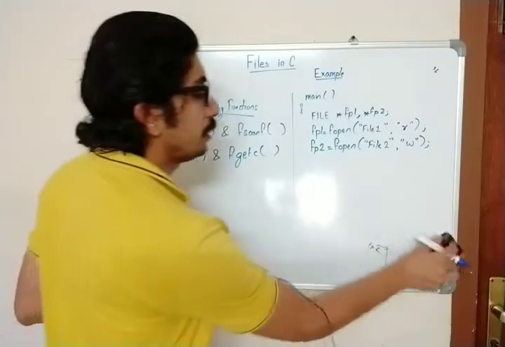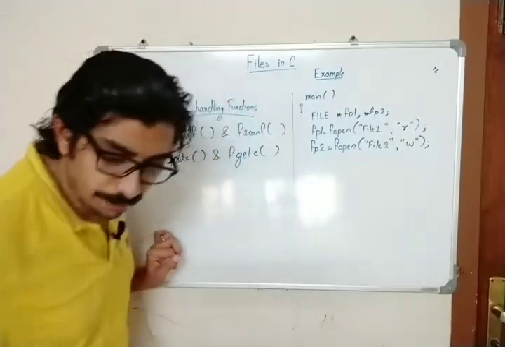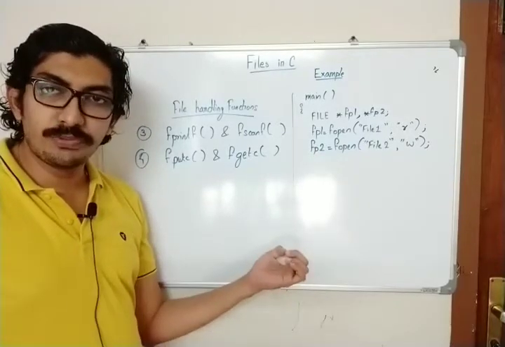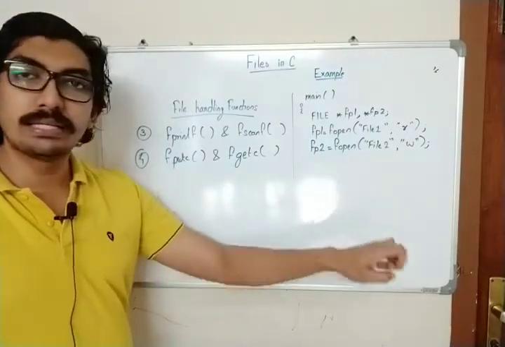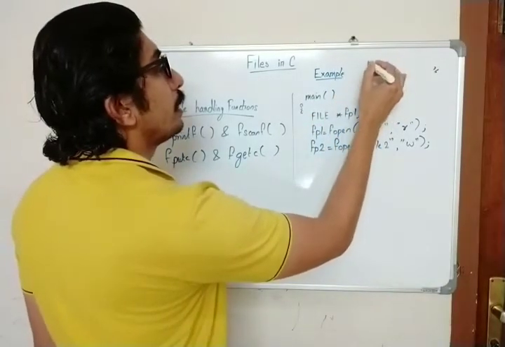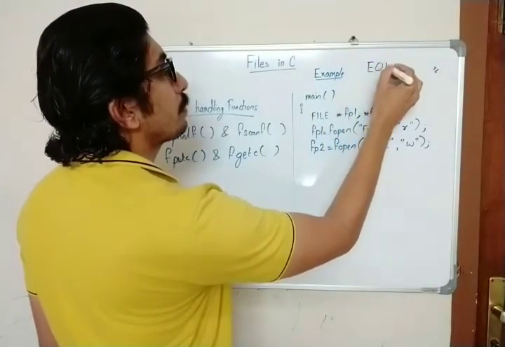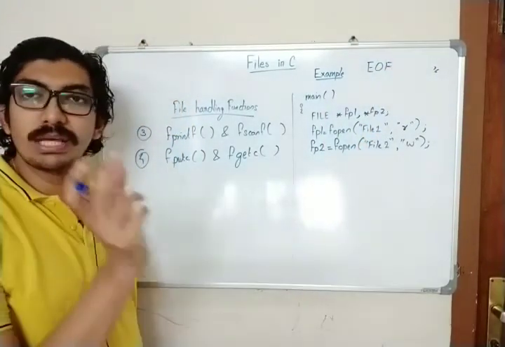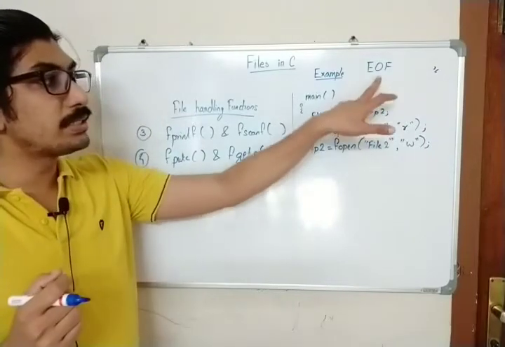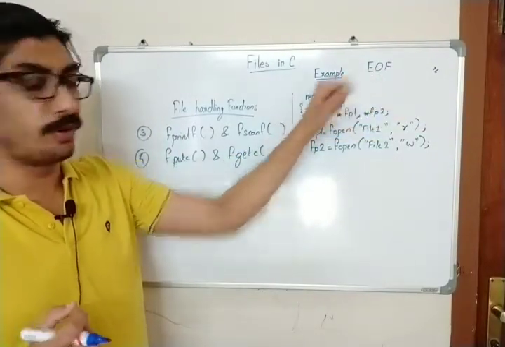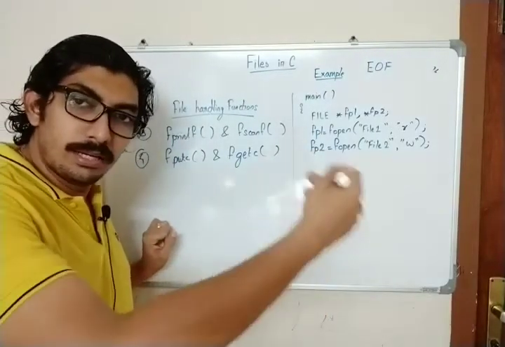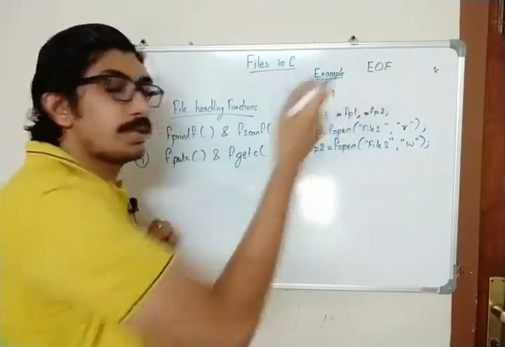Now you have to read content from file1 until it reaches the end of file. There is something called EOF, which denotes the end of a file. So we can read character by character and check whether we have reached the end of file. This is a continuous process, we have to read continuously until we reach the end of file.